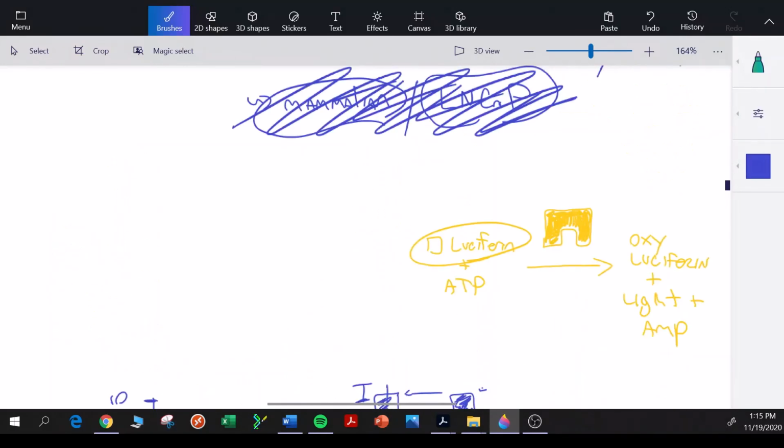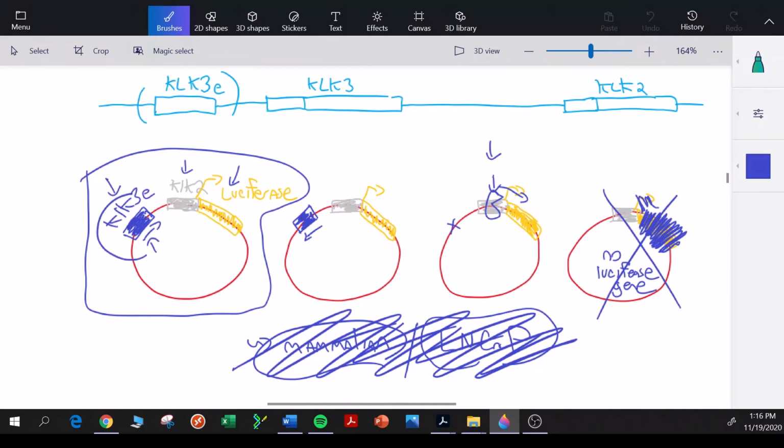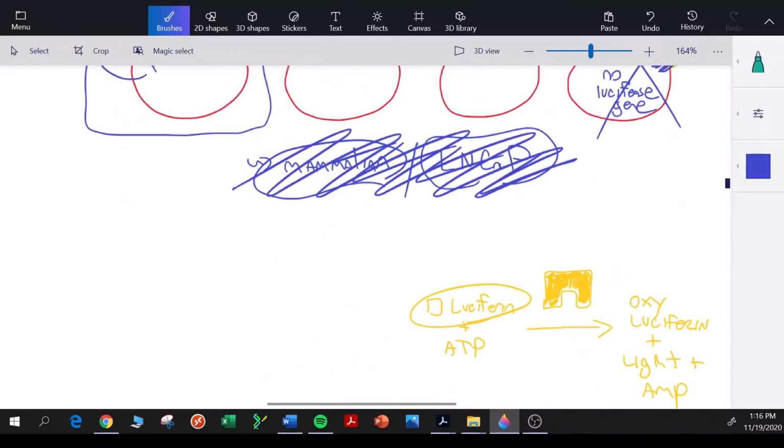So let me back up here. We're using this plasmid with the KLK2 promoter attached to the luciferase gene. And this is the KLK3 enhancer. So when this plasmid is placed into a cell with siRNAs that match the enhancer, well, the enhancer doesn't work that well, and we don't get much transcription of this luciferase.